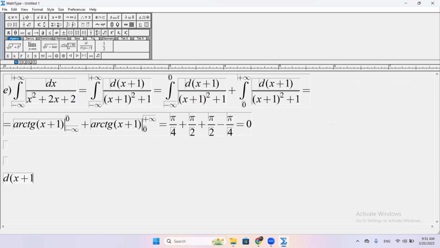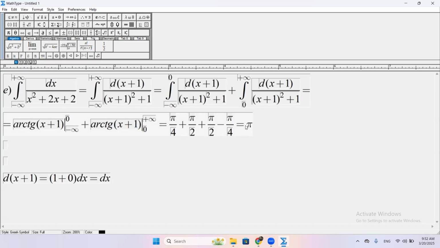The differential of x plus 1 equals dx, and if I differentiate 1, I will receive 0. So it will look like this, and I just use it to integrate this expression. Have I answered your question? Yeah, I suppose so. Thank you.